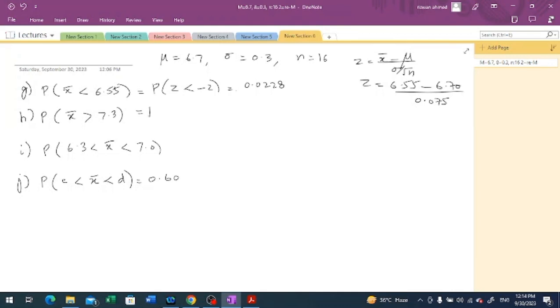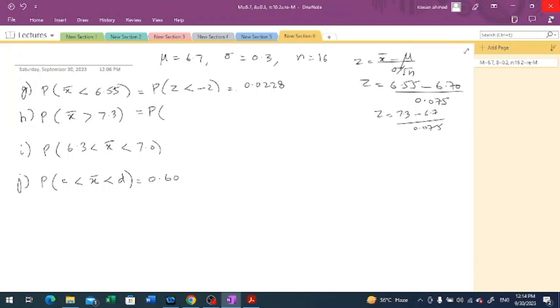Similarly, when we substitute the value 7.3 in the formula, z equals 7.3 minus 6.7 divided by 0.075. Let's check what we get as our z value with the calculator.